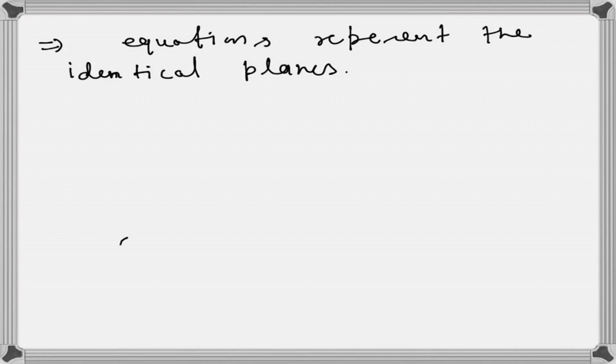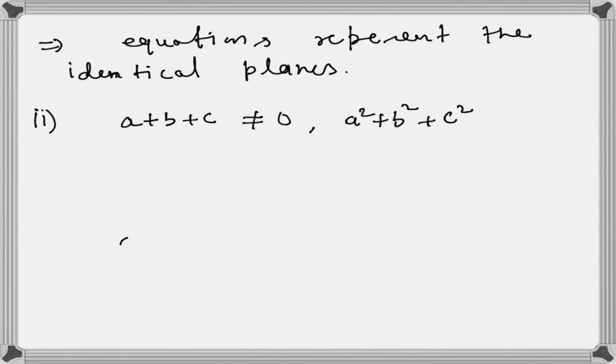Okay, so let's go to part 2. In part 2 we have a + b + c not equal to 0 and a² + b² + c² not equal to ab + bc + ca.